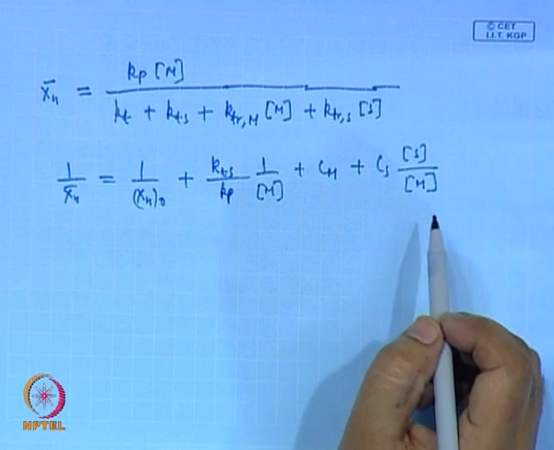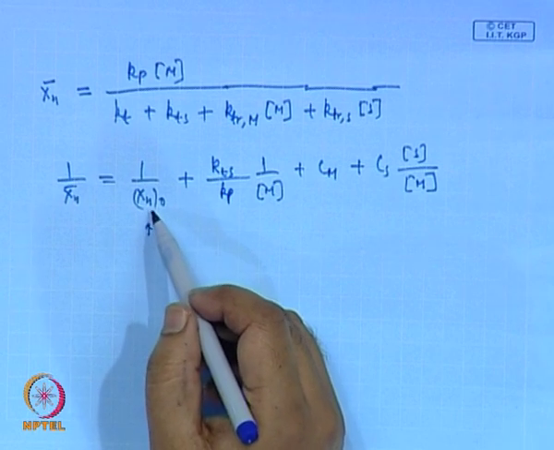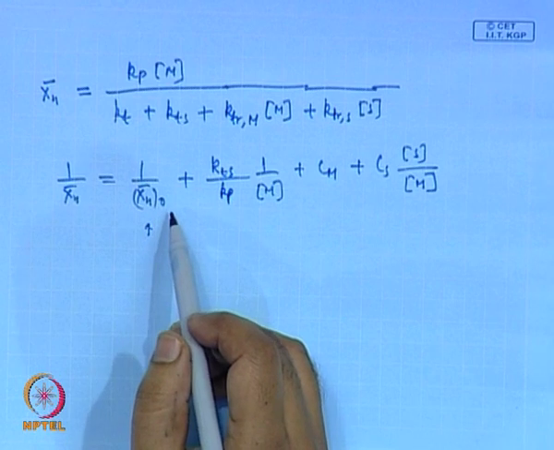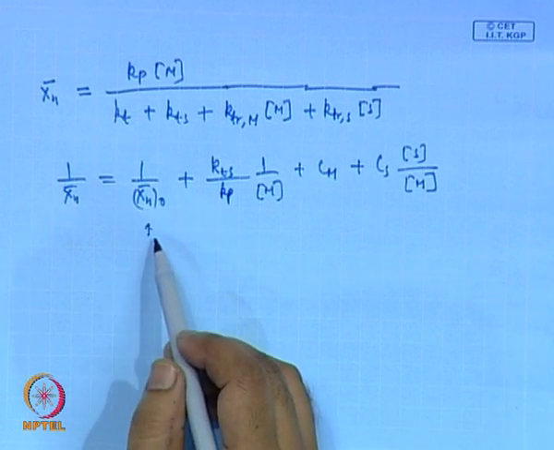Here Xn bar 0 is the number average degree of polymerization in absence of any chain transfer reaction.